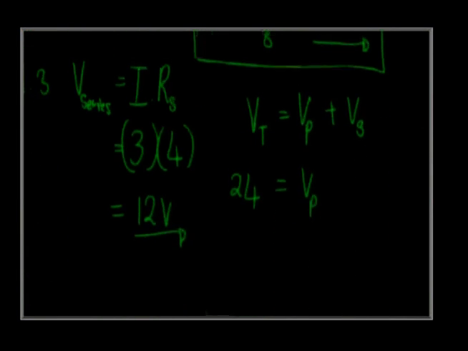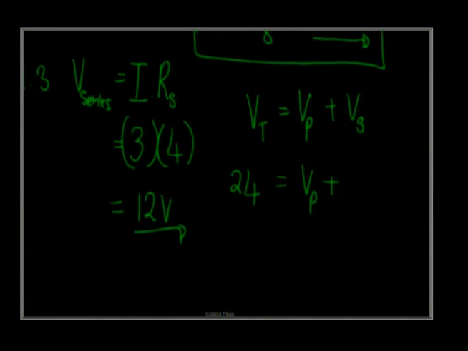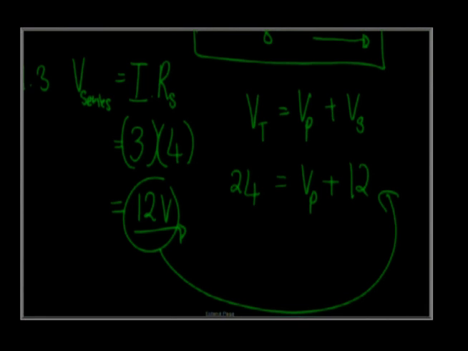So add that to the potential difference for your series component that we just had, which is 12. Normal addition subtraction sum: your potential difference is going to be 24 minus 12, and that is going to give you 12 volt.